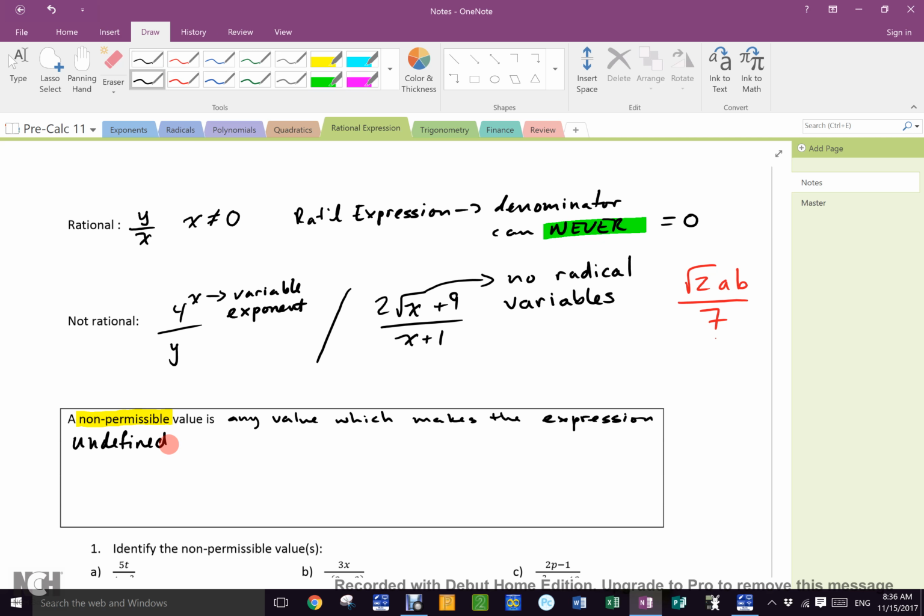Now, undefined for us in most cases is anything over 0, because that can't exist. All right? They get another name. They are also often called restrictions.